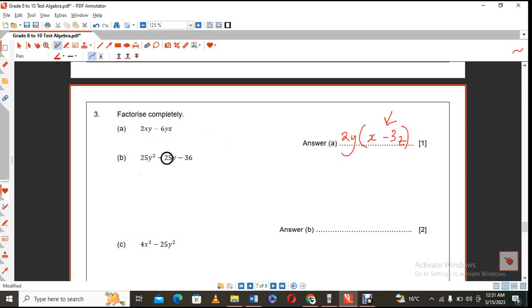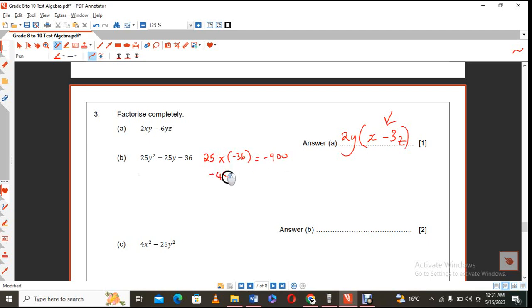This is a quadratic trinomial, and I hope that you have your methods of factorizing quadratic trinomials. In this particular case, I'll factorize by trial and error. In any case, I know that if you multiply 25 times negative 36, you have negative 900.